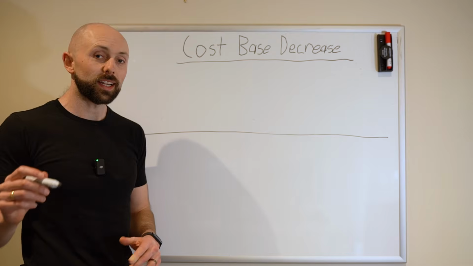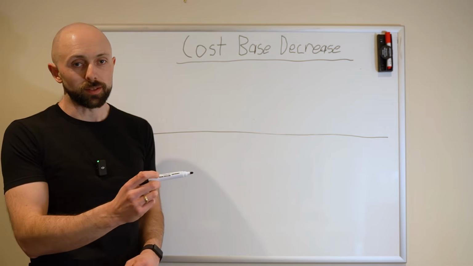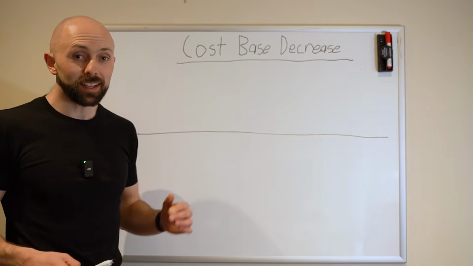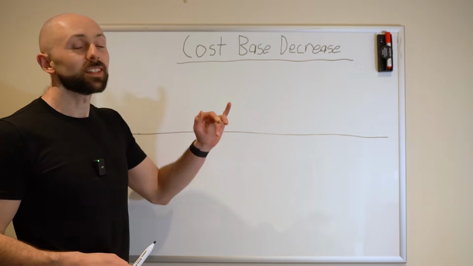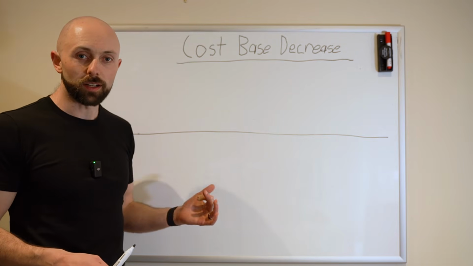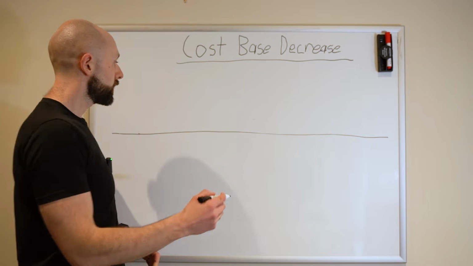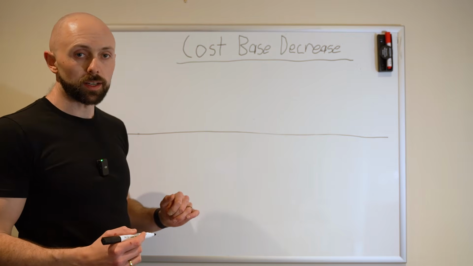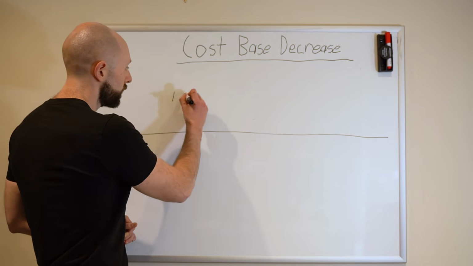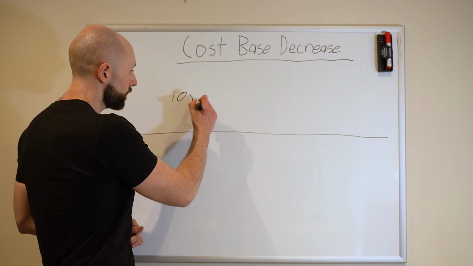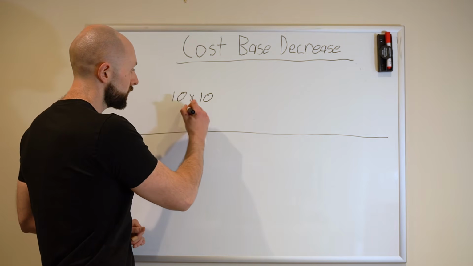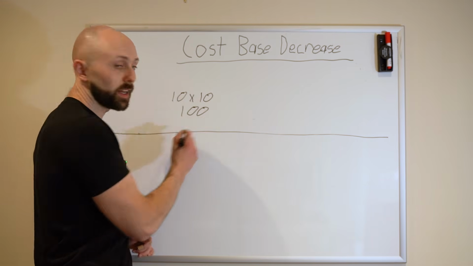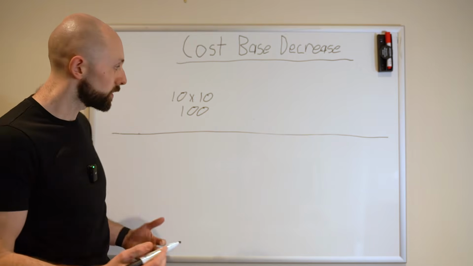Let's take a look at a cost base decrease adjustment. As you may have figured out by now, this is basically the exact opposite of how an increase works. So we'll cover a basic example first. Imagine we buy 10 shares for $10 to give us a $100 cost base in our first parcel.